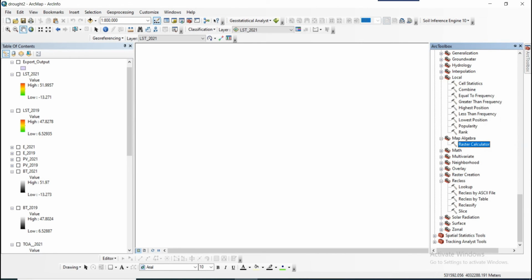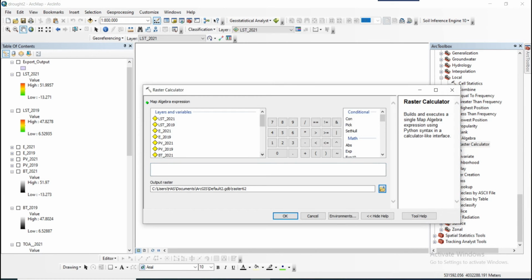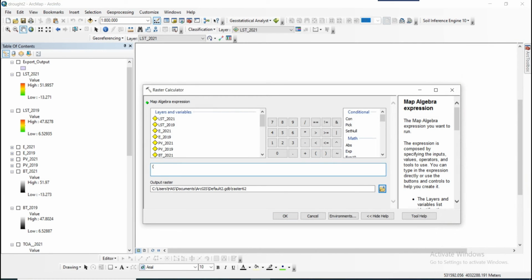So we need ArcToolbox, raster calculator. So we have the NDVI image, of course, the one which we made a mask for, NDVI 2019 mask, minus the minimum value of NDVI.